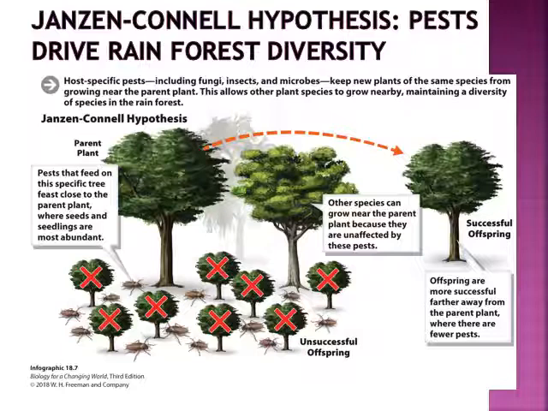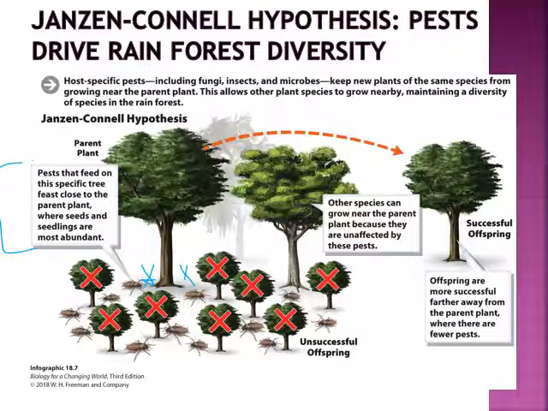So essentially you have pests that only affect one species of plant and not the other species around it, right? So if you have these pests that are feeding on a specific parent tree, and the seeds and seedlings are most abundant near it, you can't have other trees right next to it.